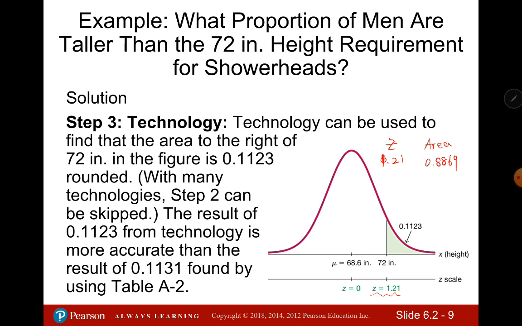Next step, we should ask ourselves, is that the correct one we are interested in? Think it over. Remember, the z-table always gives you the area cumulative to the left.